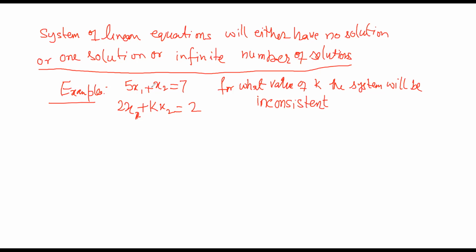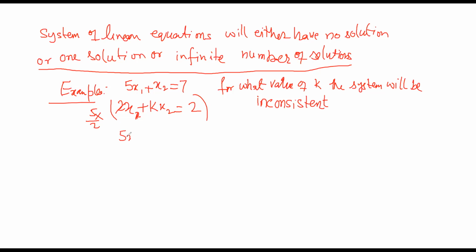For the inconsistent case, the left-hand side of the equations should be the same. So I can multiply the second equation by 5/2 so that I can eliminate x1.